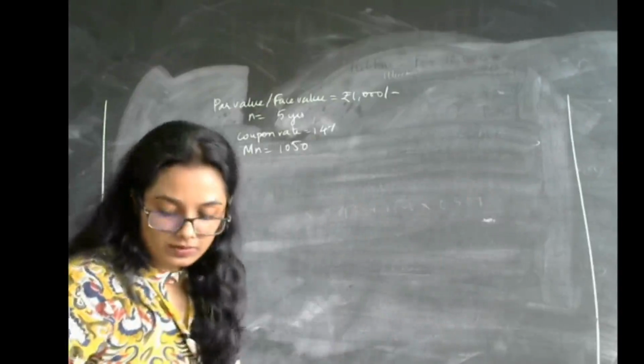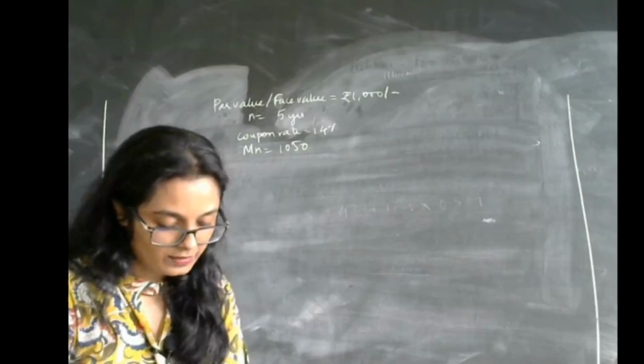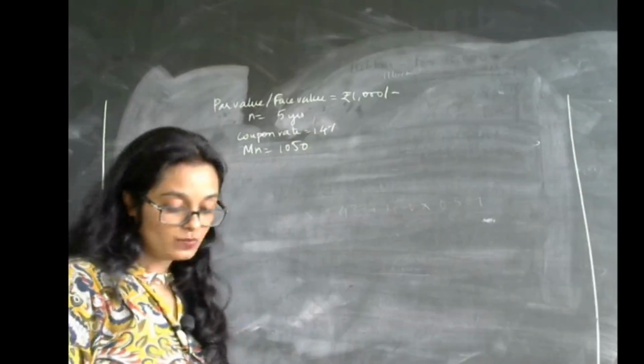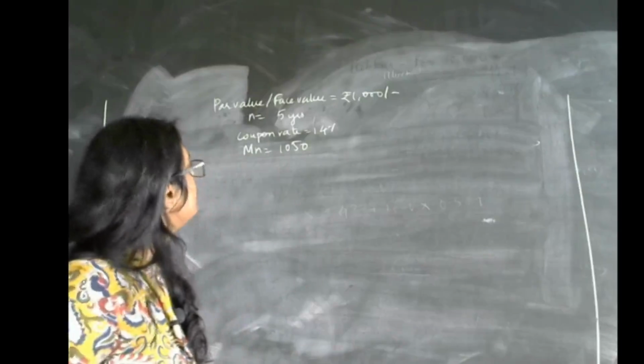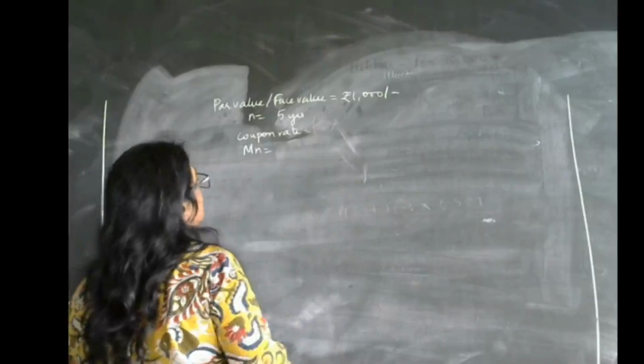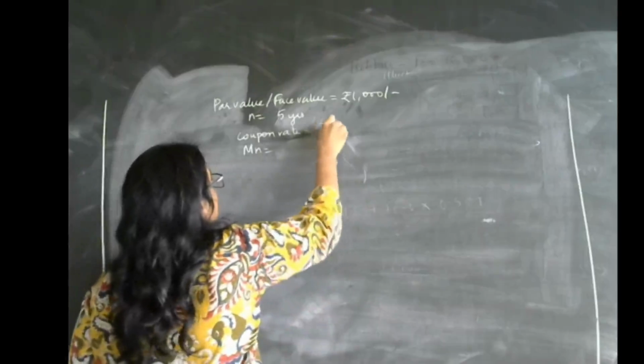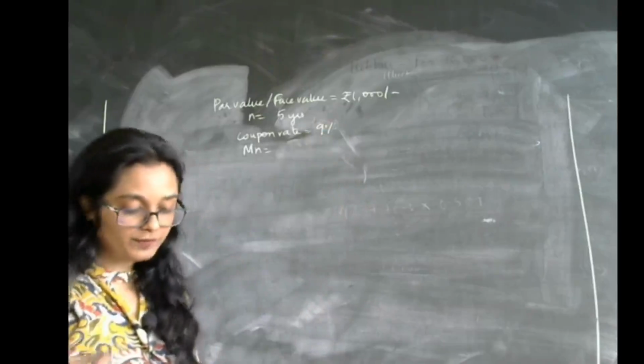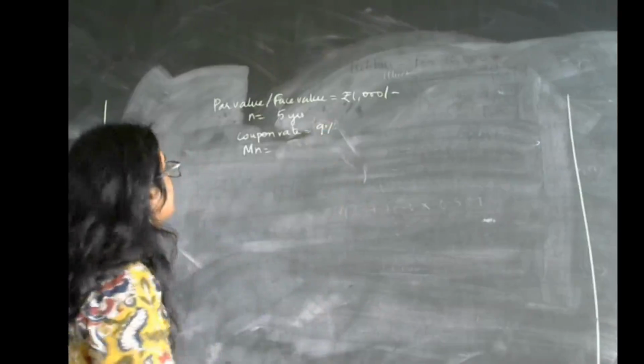Okay, so now let us start. What is given over here? The par value is given as 1000. The coupon rate is given as 9%. The number of years, that is N, is given as 8 years.